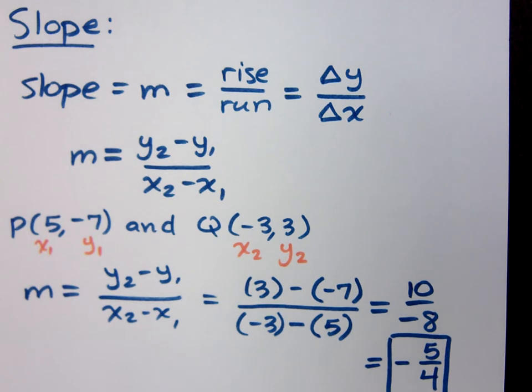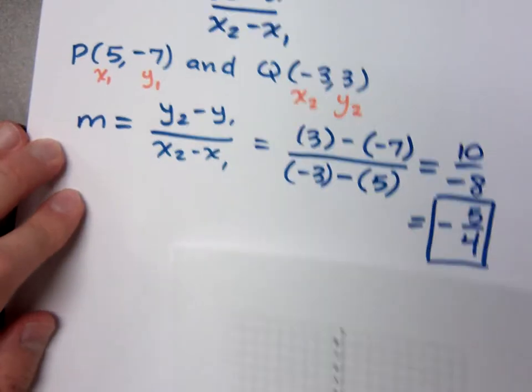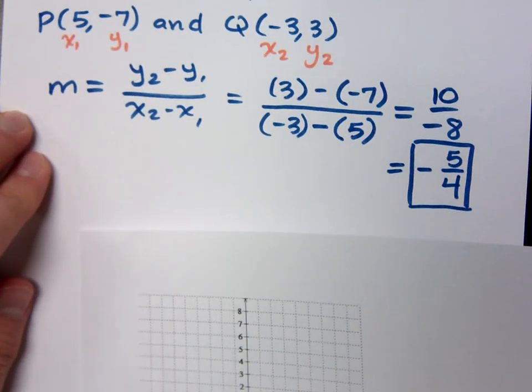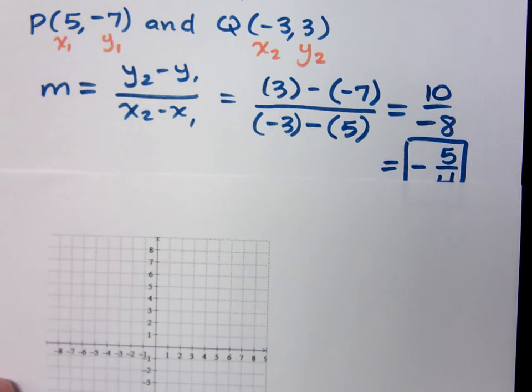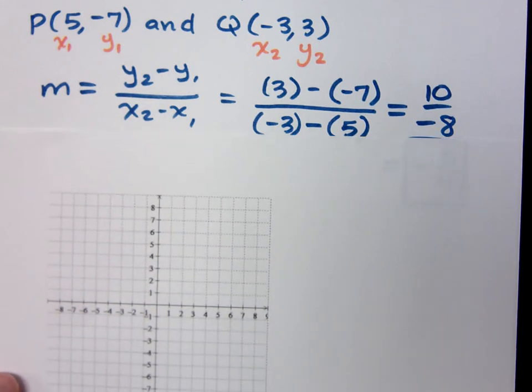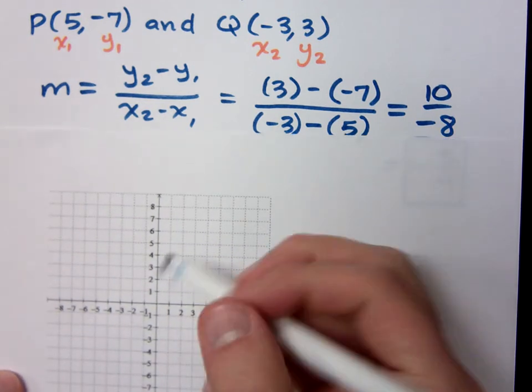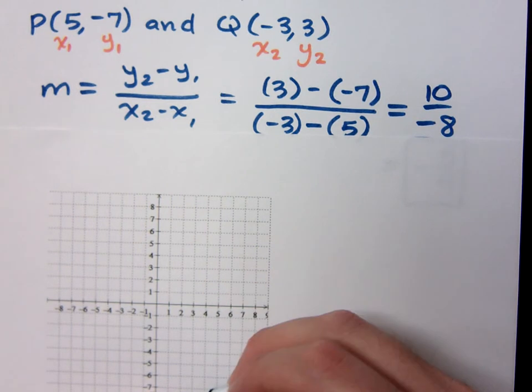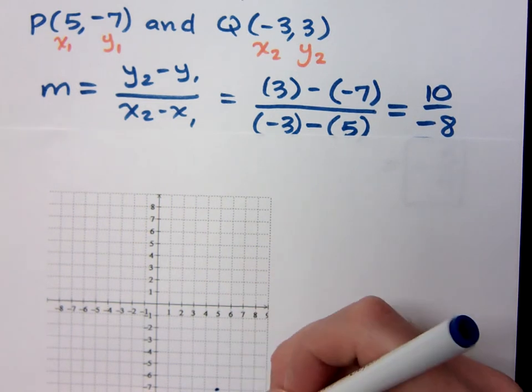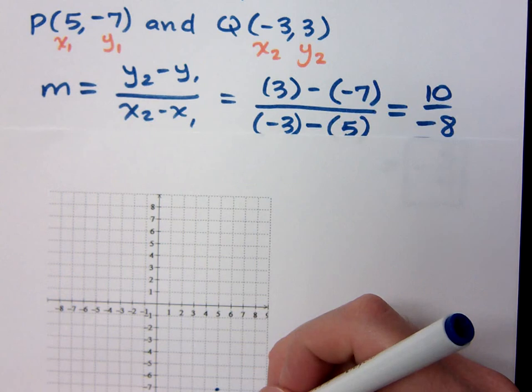Ah, here we go. So to take these 2 points that I have, I've got 5 and negative 7. So here's 5, negative 7, and negative 3, positive 3.